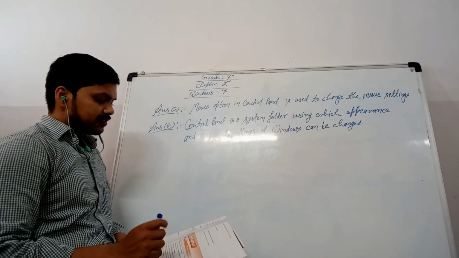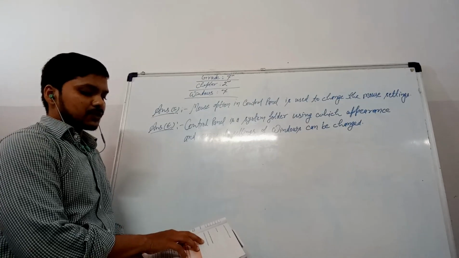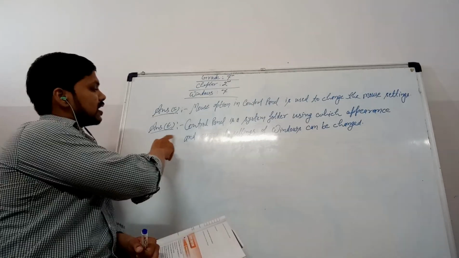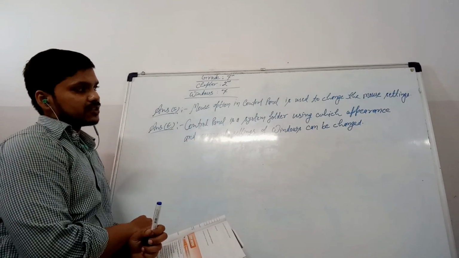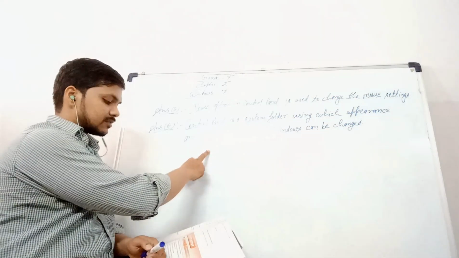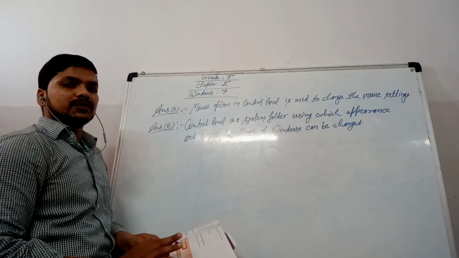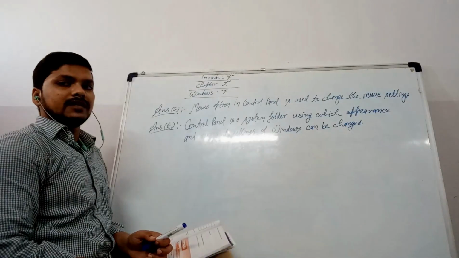Now the last question, which is sixth, is what is the importance of control panel in Windows? The answer is, control panel is a system folder using which appearance and current settings of Windows can be changed. Now the exercise of this chapter is completed, and we will do the next chapter in the next video.